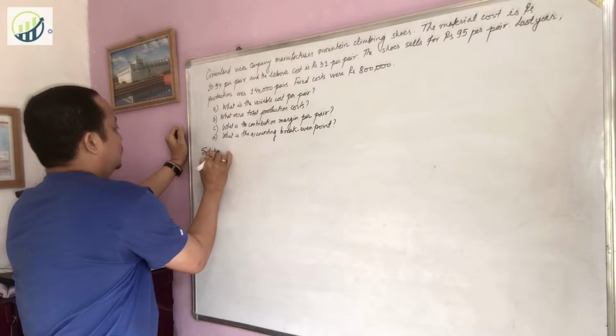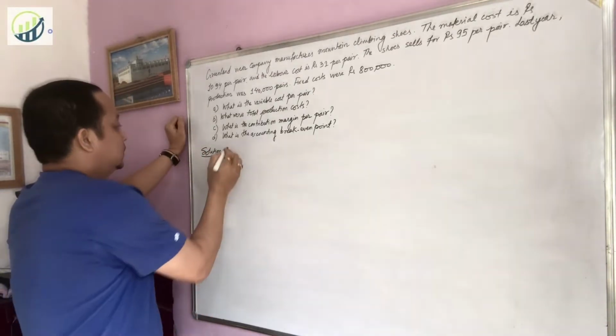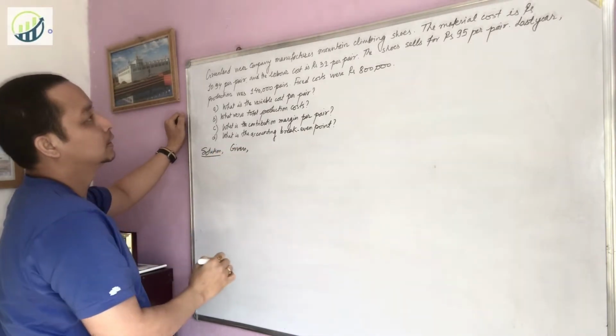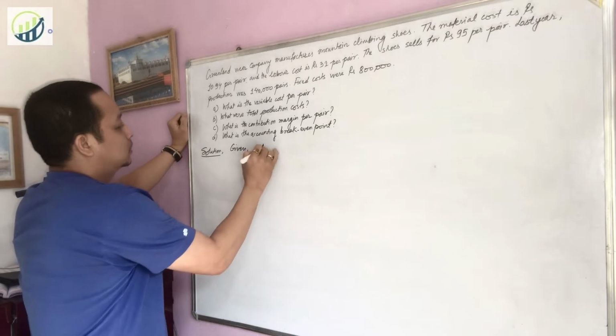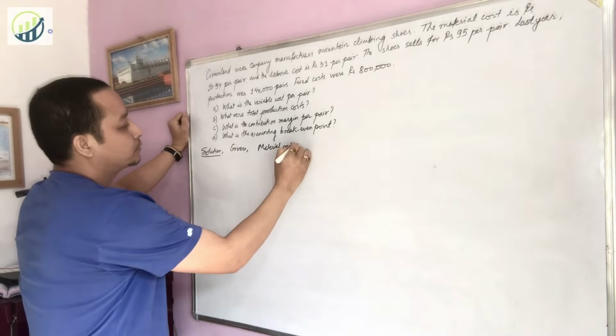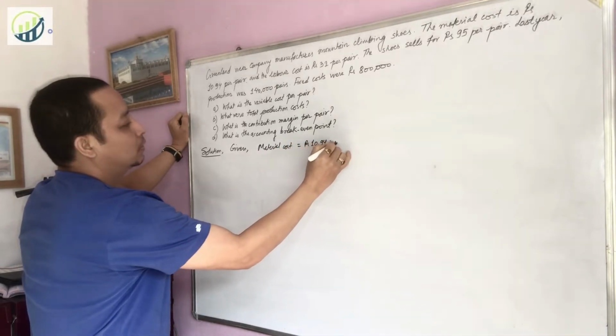Solution. So for solving this problem, let's first start what is given here. Material cost is given here, rupees 10 and 94 paisa per pair.